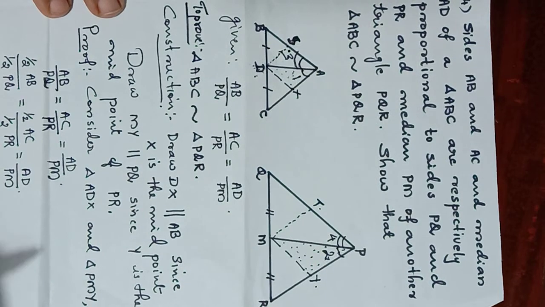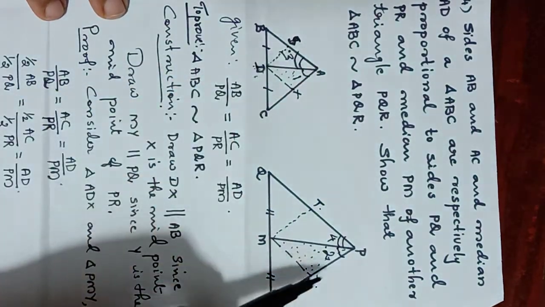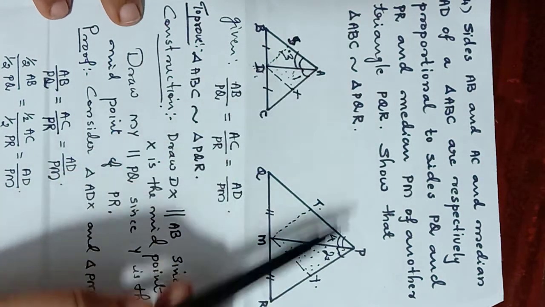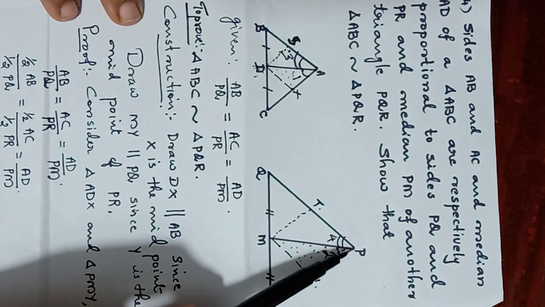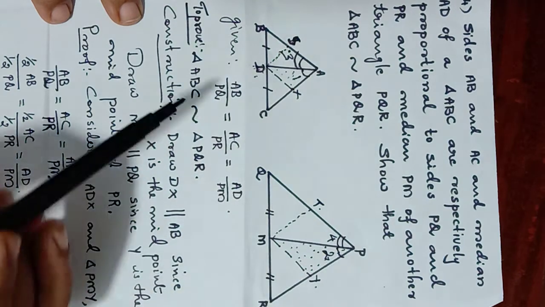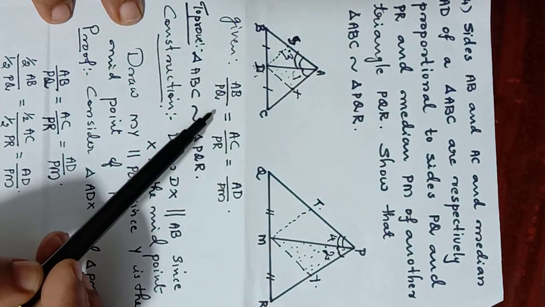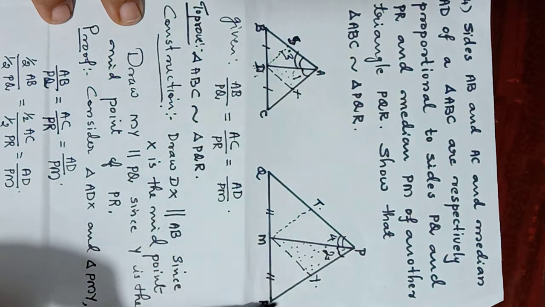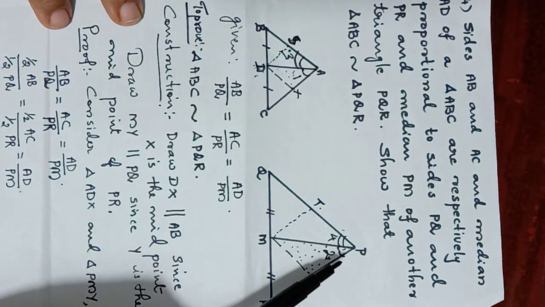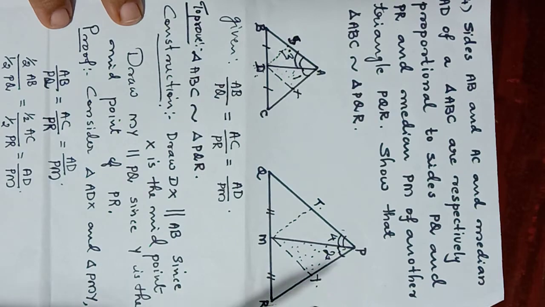See the figure, 1 plus 3 is angle A. 2 plus 4 is angle P. So angle A and angle P are equal. That is how we have proved. Angle A is equal to angle P. Already the ratios you see, children, AB by PQ equal to AC by PR here, and if angle A is equal to angle P, don't you get it as SAS similarity criterion?